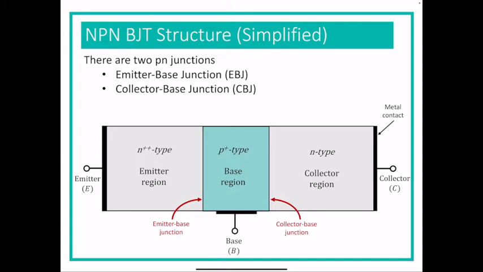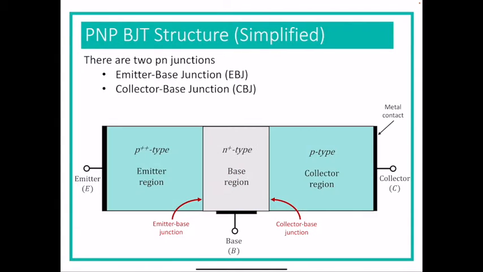Either of those junctions could be forward biased or reverse biased, depending on what voltage is applied. Technically, you could say there would be four possibilities since each junction has two possible states, but in reality, there are only three that are used. This is just the NPN; the PNP is really the same thing.